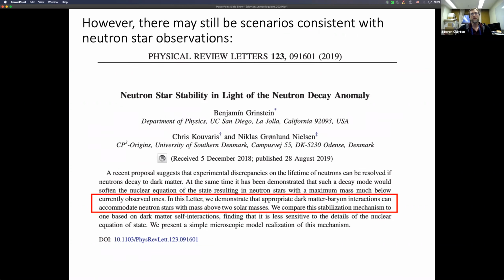And there was this response by Grinstein and others that they can find a way to make it work. It's sort of too bad. We've had this dark matter around for 88 years, and we don't have any earthly detection. Right. So I was rooting for the beam experiment, frankly.